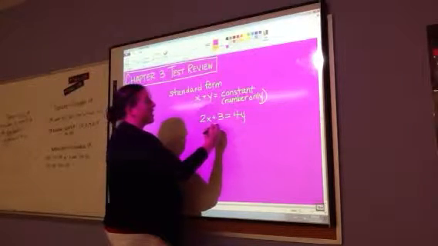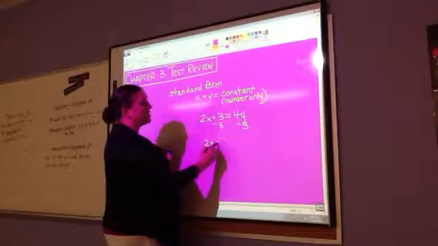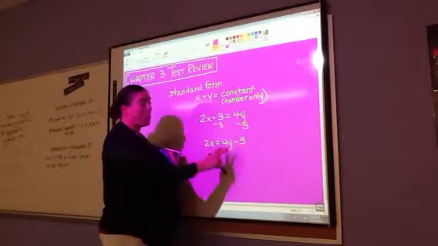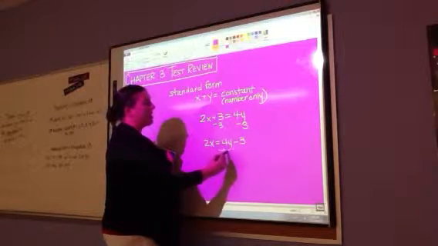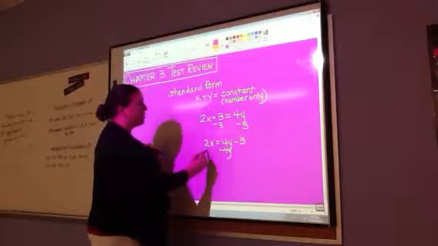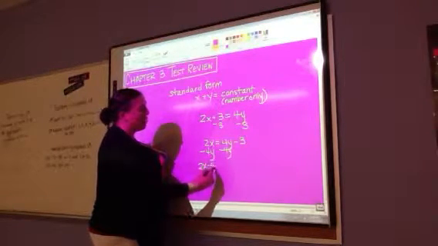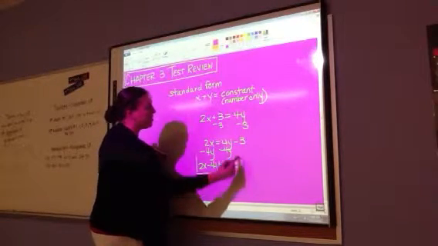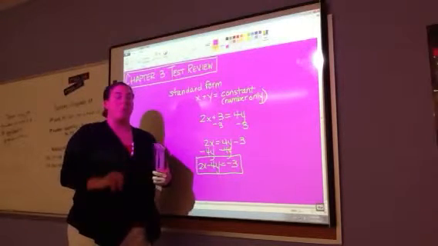So we could subtract 3 from both sides, and this would turn into 2x is equal to 4y minus 3. But again, we want to get the constant alone, so we have to move this to the other side. So we're going to have to subtract 4y from both sides, and we will get 2x minus 4y is equal to negative 3. This equation right here is a linear equation in standard form.